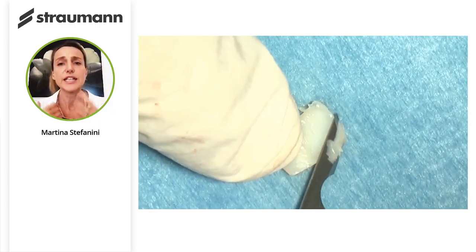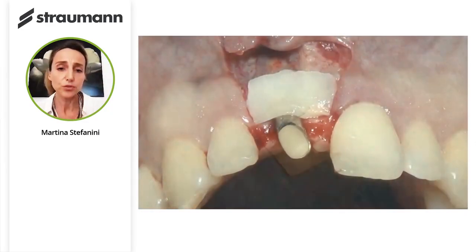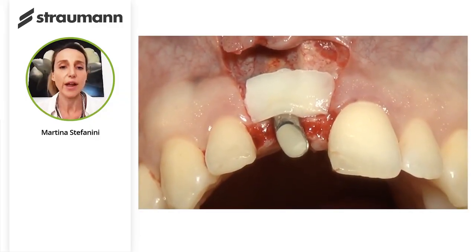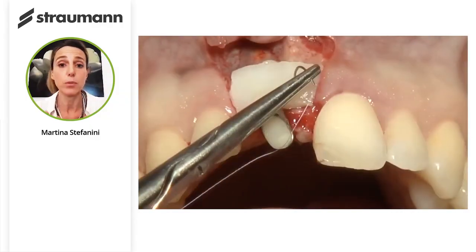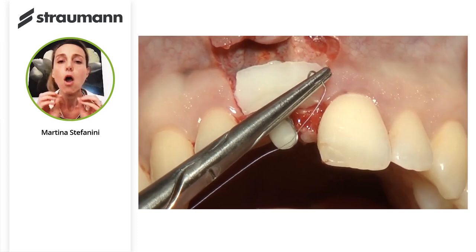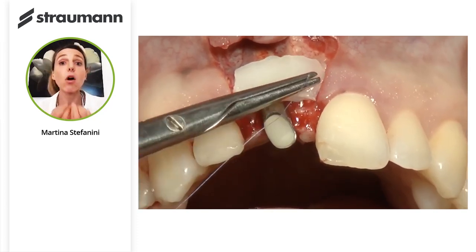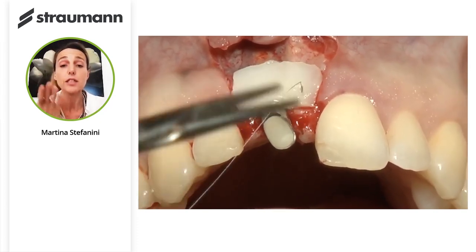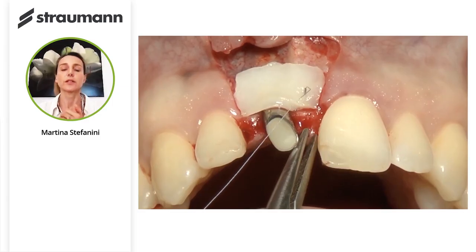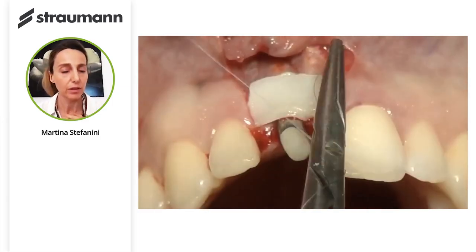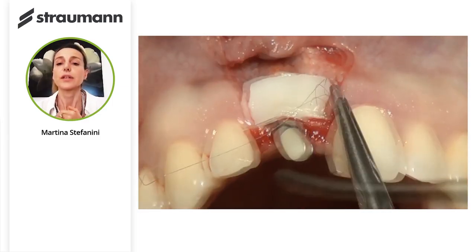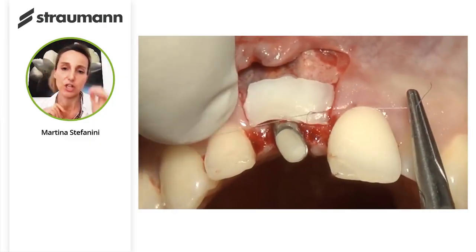The harvesting technique is always the same because we demonstrated in a randomized controlled clinical trial that with this technique we are able to obtain the best quality of connective tissue graft, made only of dense, immediately subepithelial connective tissue from the palatal aspect, not increasing the morbidity for the patient.